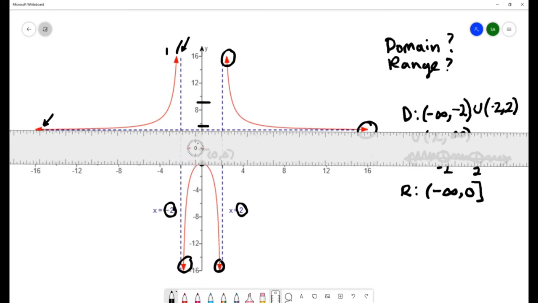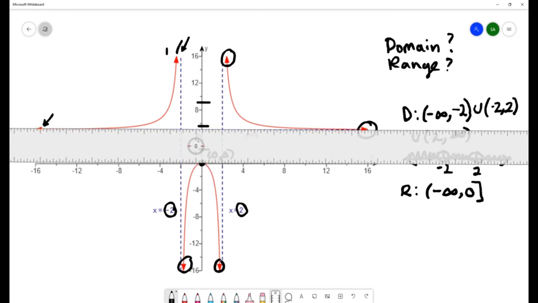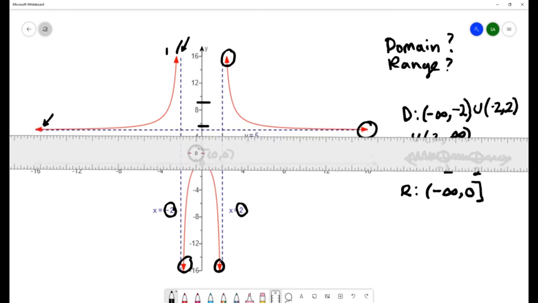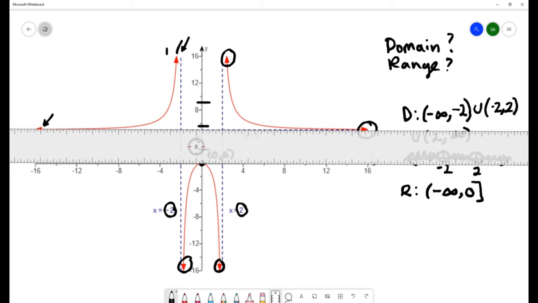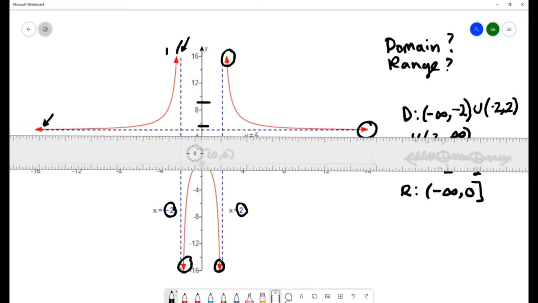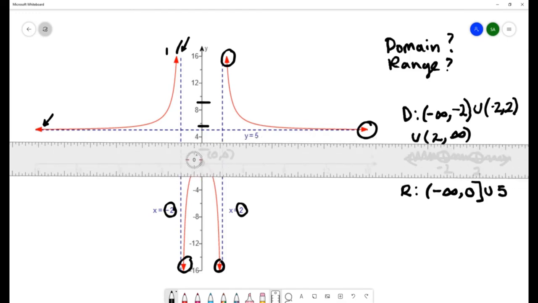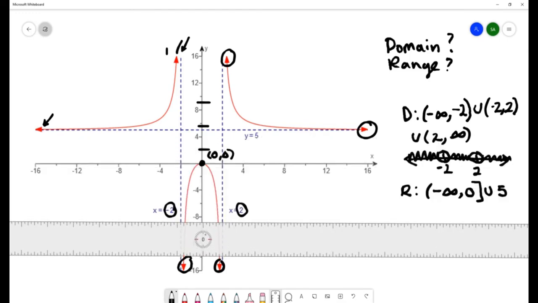We're going to start the range right when we get to this horizontal asymptote, and that's going to be at 5. So we're going to start our range at 5. And we want to make a decision about whether we're going to put a parenthesis next to 5 or a bracket next to 5.